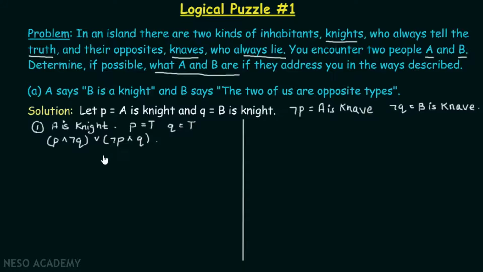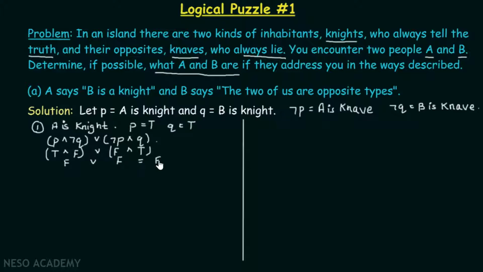Right? Now, let's plug in the truth values of P and Q in this particular expression. As P is true and Q is also true, therefore not Q is false. Not P is false and Q is true. True and false is false, or false and true is also false.